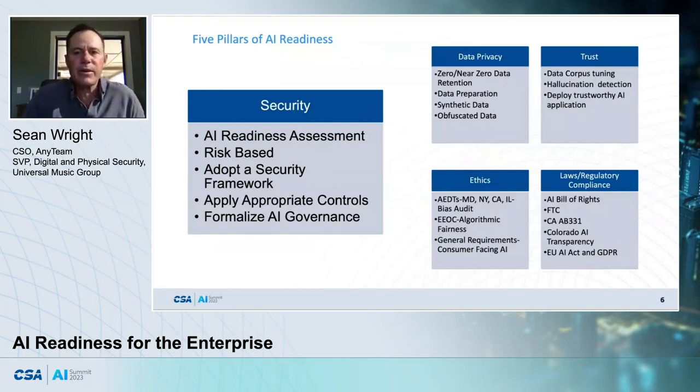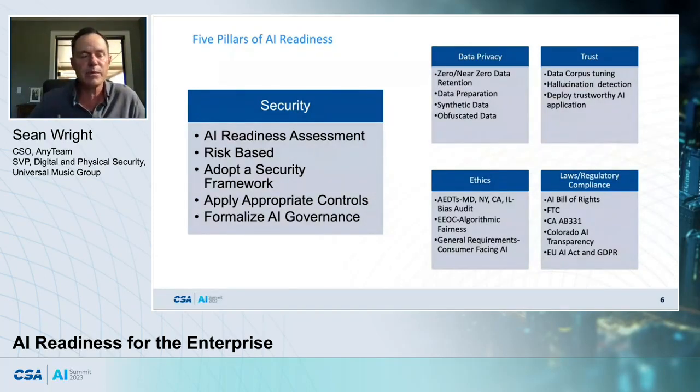So the 5 pillars that we've broken this down into are security, data privacy, trust, ethics, and laws and regulatory compliance. For the purpose of this presentation, we'll primarily focus on the security elements. However, for the other pillars, we may do a presentation at a later time to dive further into those. But within security, ensure that you have some sort of an AI readiness assessment conducted or at least ready to go.